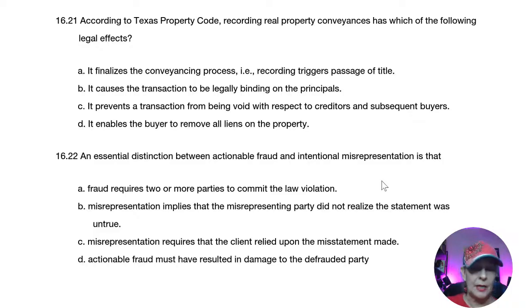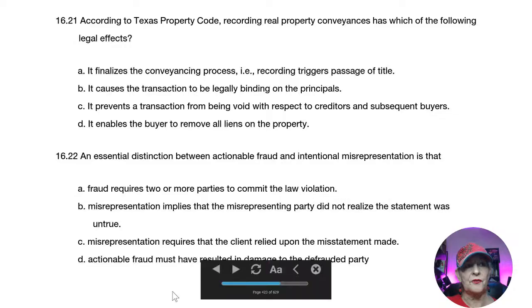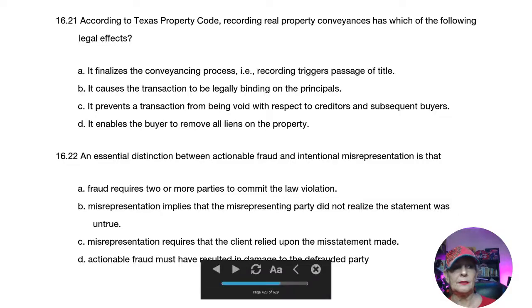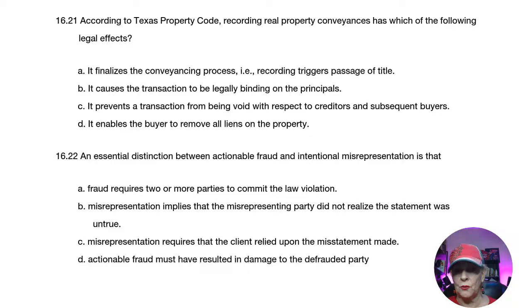So that means that an advertiser, a realtor, a broker, or a lender intentionally misrepresented their business, their service, or whatever they're doing. Fraud, the actual fraud caused damage to the defrauded party. Intentional misrepresentation may not have caused a financial damage or other type of damage.